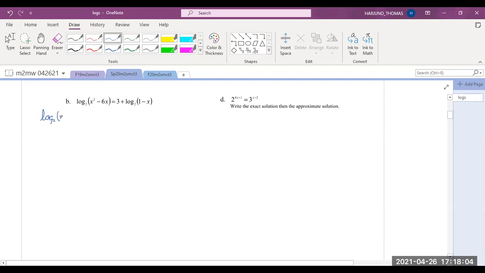Log base 2 of x squared minus 6x minus log base 2 of 1 minus x equals to 3. So this is log base 2 of x squared minus 6x over 1 minus x equals to 3, and change into exponential form.